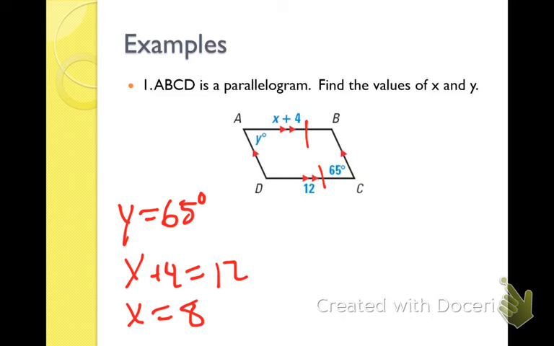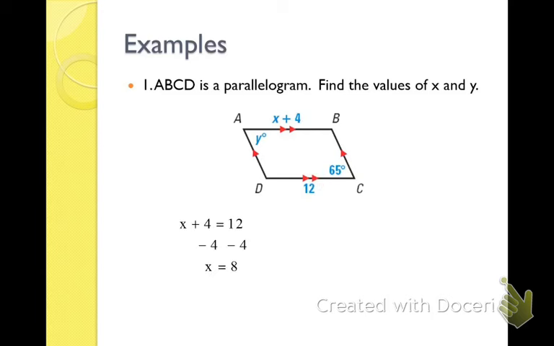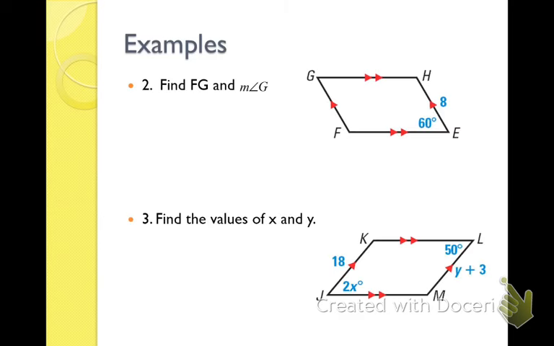All right. Find FG and the measure of angle G. Okay, so we know this is a parallelogram, but the opposite sides are marked congruent, marked parallel.